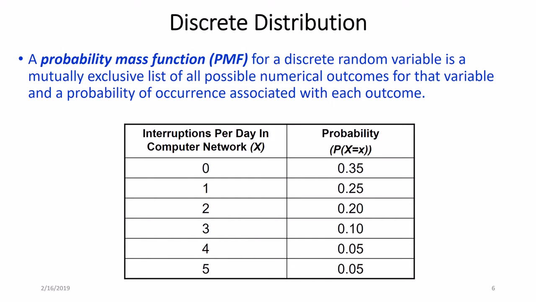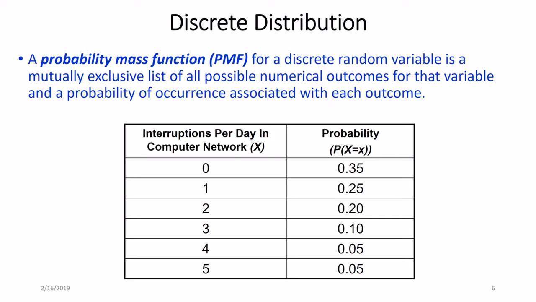Now, what is a probability mass function? A probability mass function, or PMF, for a discrete random variable is a mutually exclusive list of all possible numerical outcomes and associated probabilities. In the example, the variable X is the interruptions per day in a computer network.